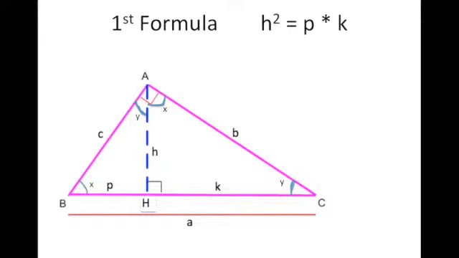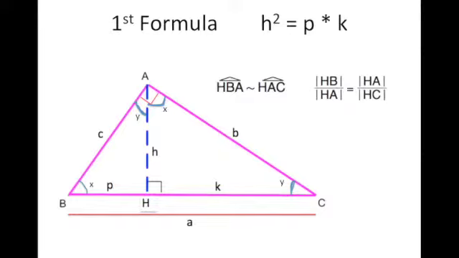For the first formula, we are going to use the similarity between triangles HBA and HAC. We know that if two triangles are similar, the ratio of their sides are equal as well. So for this formula, we are going to use the ratio between the sides across angle y and angle x. If we find the ratios for both triangles, HB divided by HA is equal to HA divided by HC is concluded.